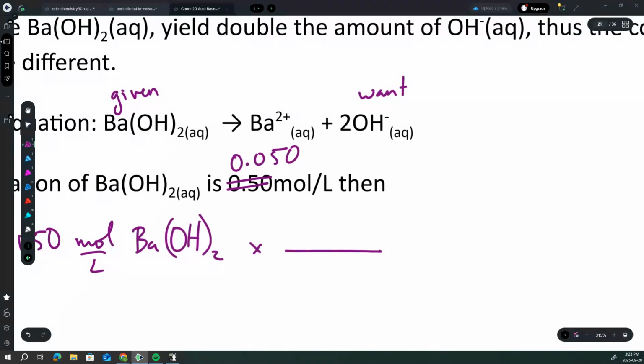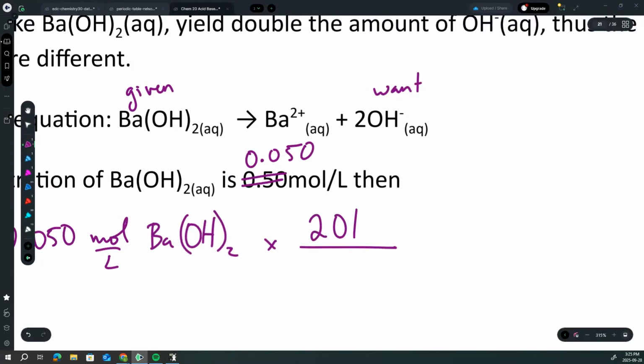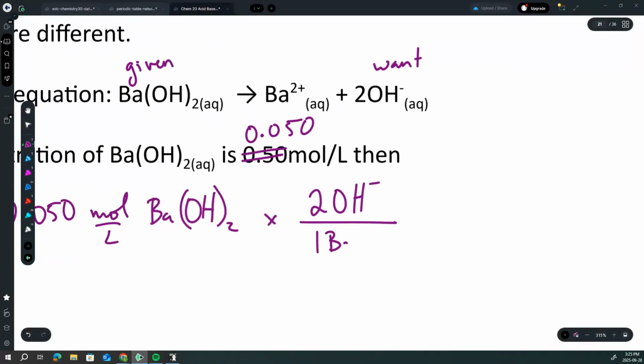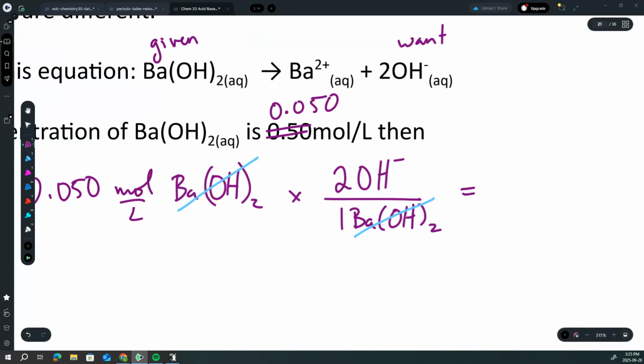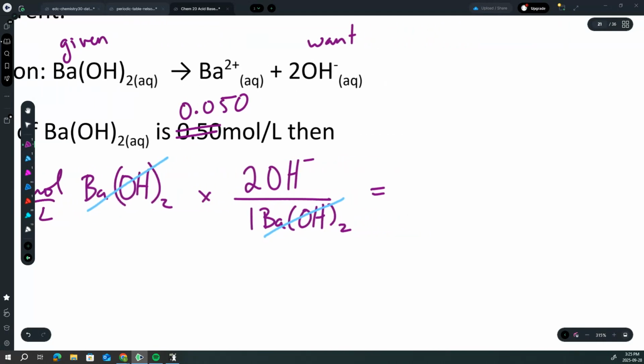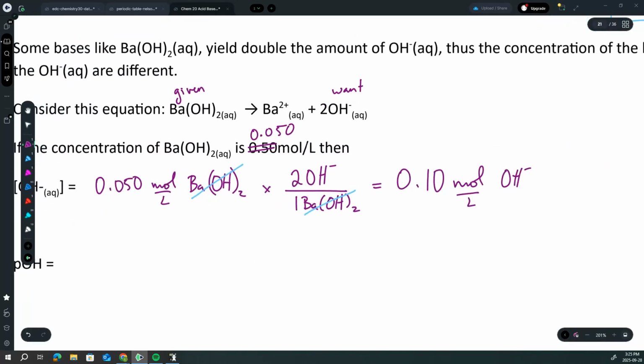Okay, so remember, we got to do coefficient of want divided by coefficient of given. So we want hydroxide. We are given barium hydroxide. Okay, so you can kind of treat the substances sort of like units. So these cancel out. And 2 times 0.05, that's going to give us 0.1 mole per liter of hydroxide ions. Okay, the reason why I'm not worrying about states too much here is because I'm not writing a chemical reaction, but you absolutely should include charge.